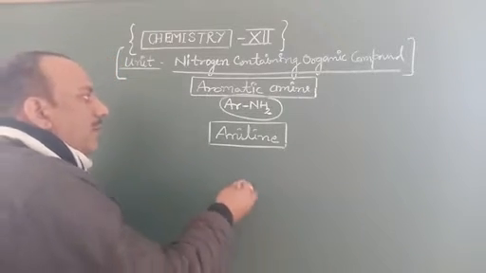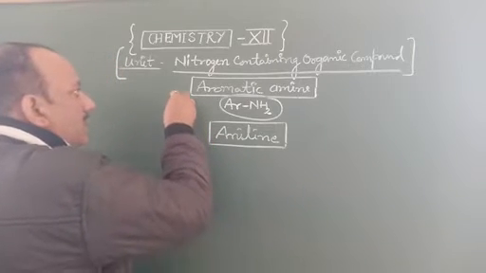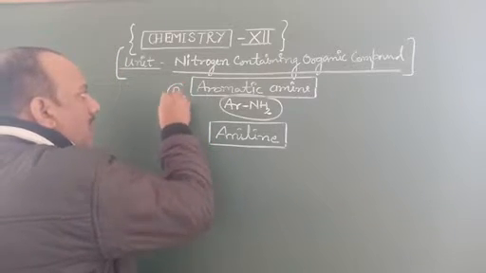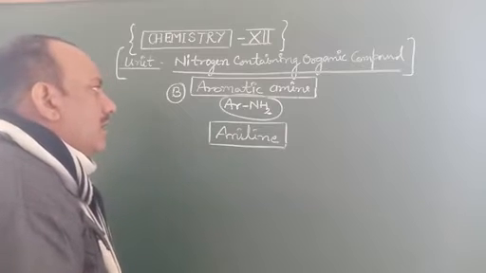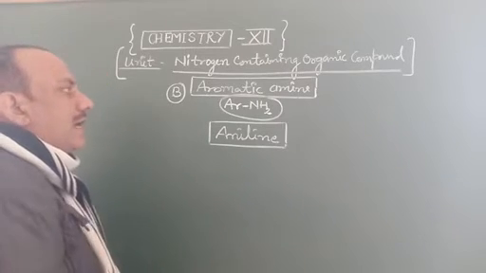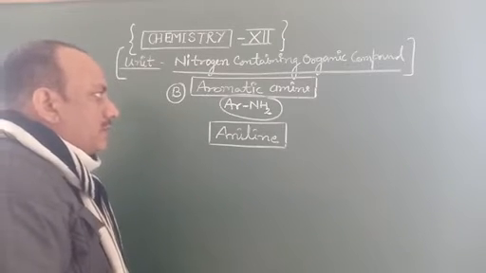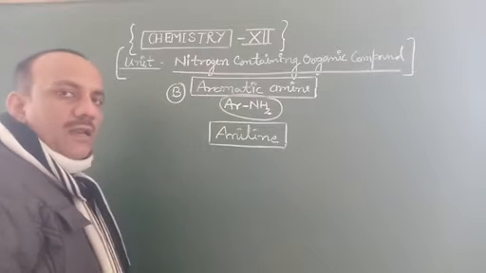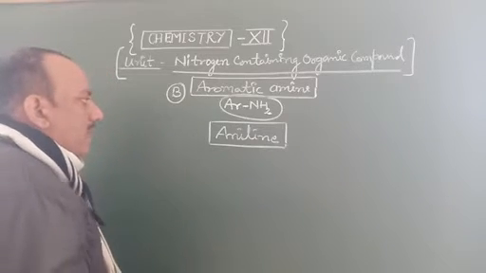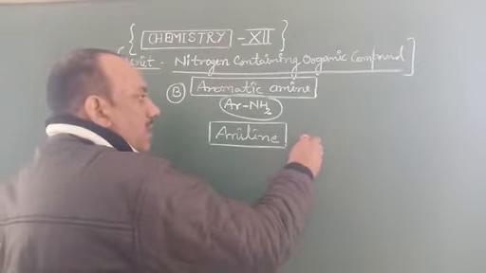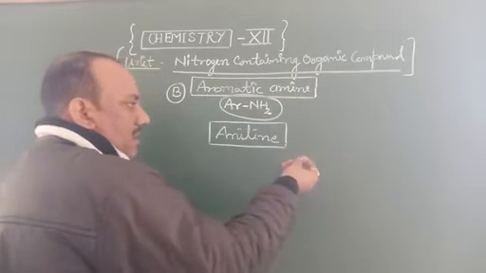Today we are going to discuss the B section of the chapter Amines in the unit Nitrogen Containing Organic Compounds. Here is a single compound of nitrogen named aniline.